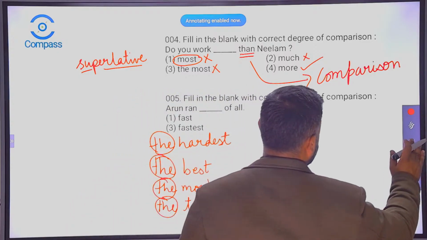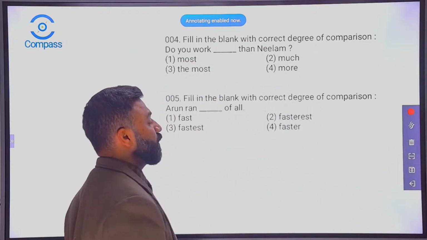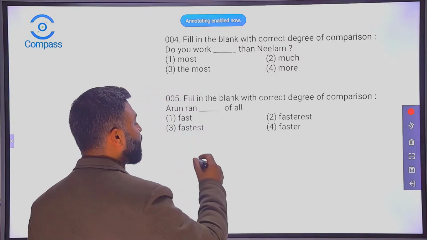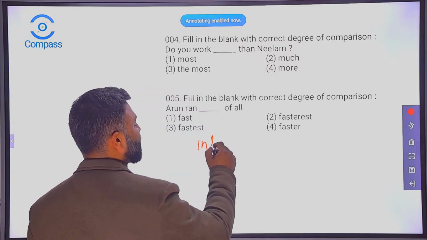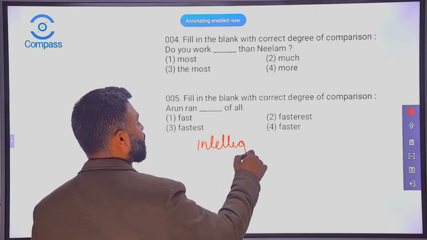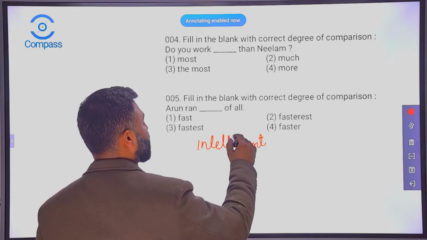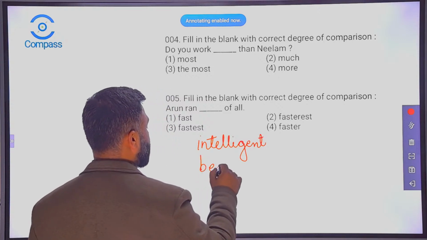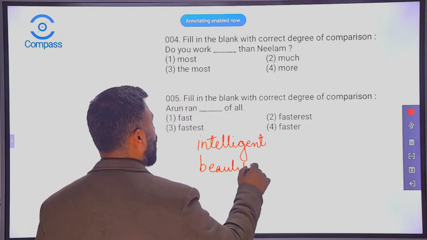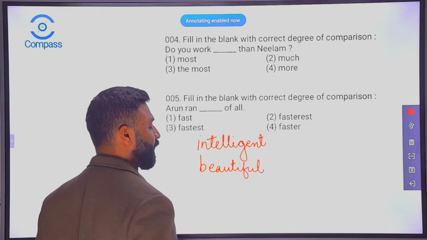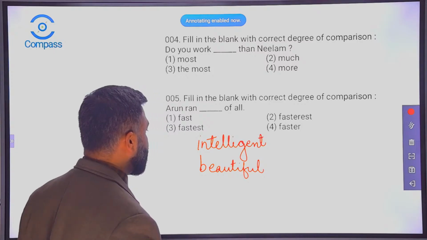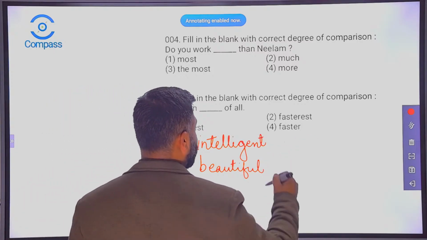Okay. So something more that I would like to tell you about degree of comparison. Now there are long adjectives like intelligent. Just a piece of information that I would like to give you. Intelligent, beautiful. These are all long adjectives. Okay. So how do we make the comparative form of them? We cannot add er to it.